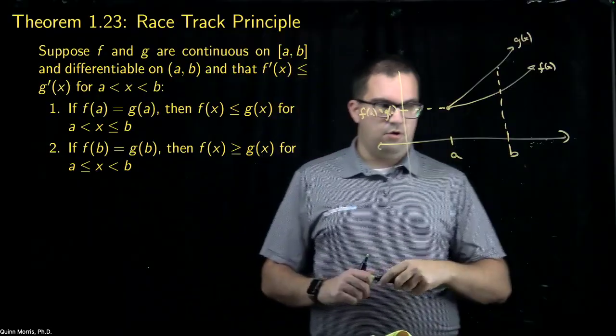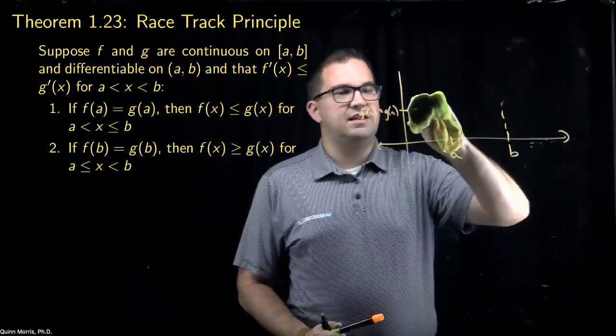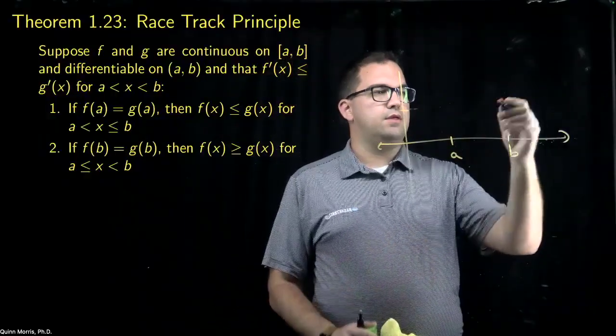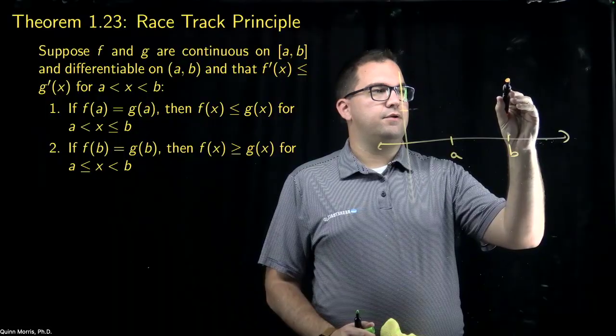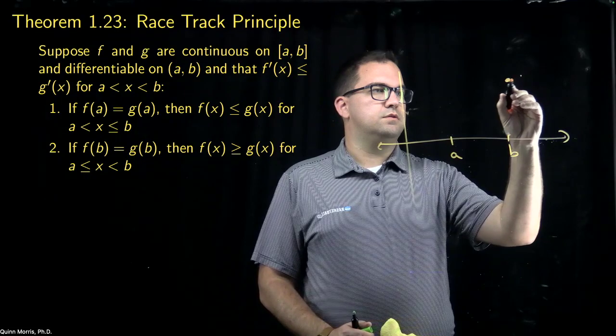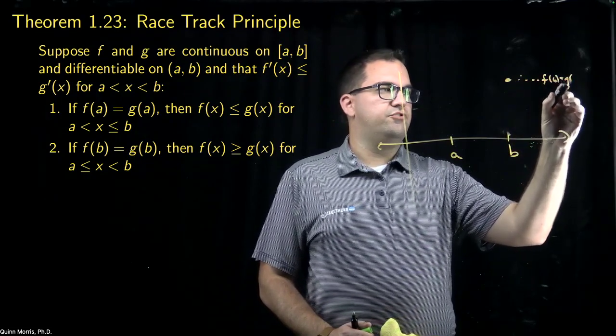Okay. Now, on the other hand, in the second part, this is saying, well, if they finish at the same value, so let's say we knew that both of these ended up at the same value. So this is at height f of b equal to g of b.